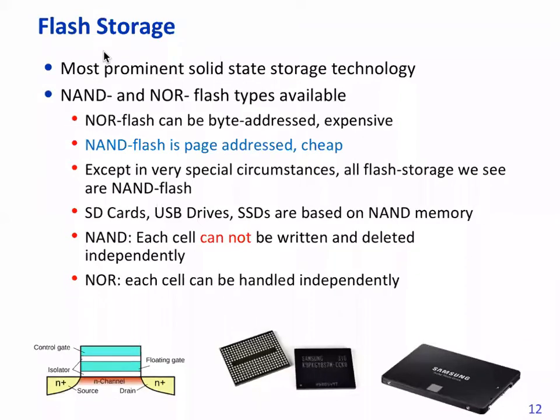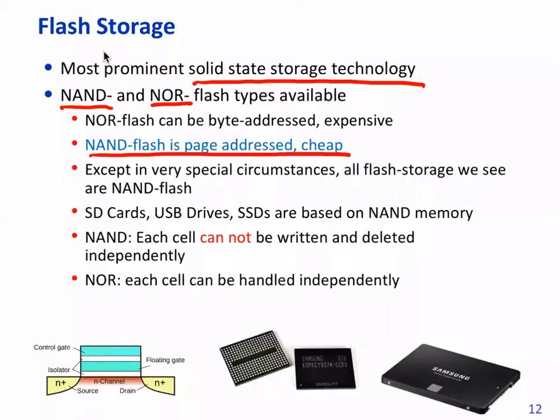Okay, so this is the most promising solid state storage technology. When it says solid state, it means that it does not have moving parts like in a hard disk drive. Okay, so there are two types of flash memory, NAND type and NOR type. The one which is becoming the de facto standard is NAND type.